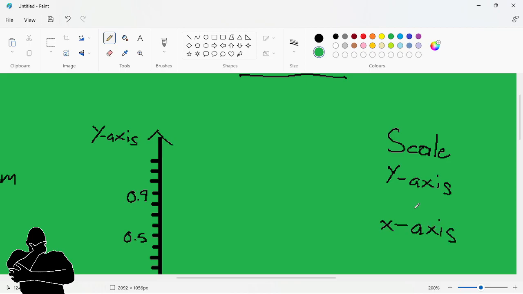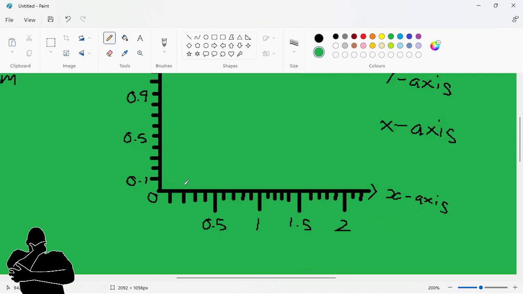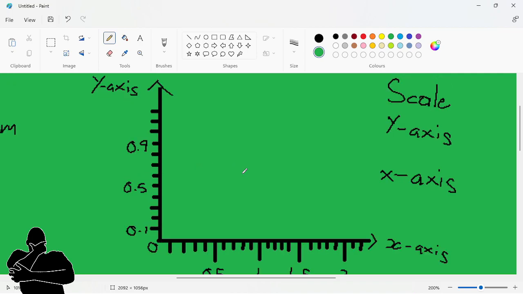So you're going to work out basically how much 1 centimeter on each axis represents the actual values that are on them. In this instance, if this was 1 centimeter here, 1 centimeter would represent 0.1 meters for the x-axis, and it would do the same for the y-axis since 1 centimeter is 0.1 here. So you also have to ensure that you include your scales.